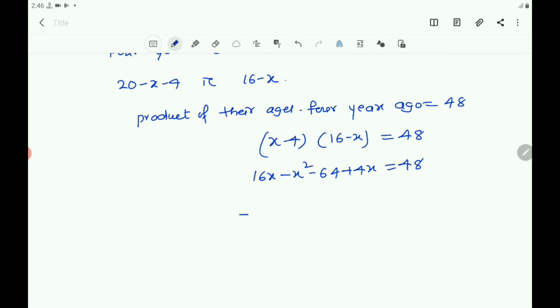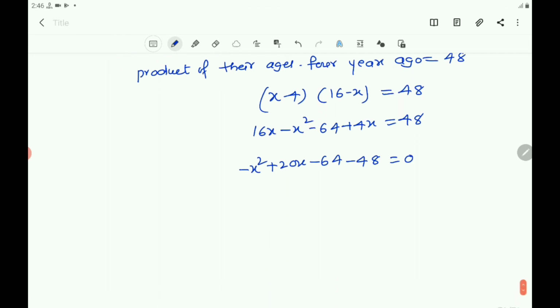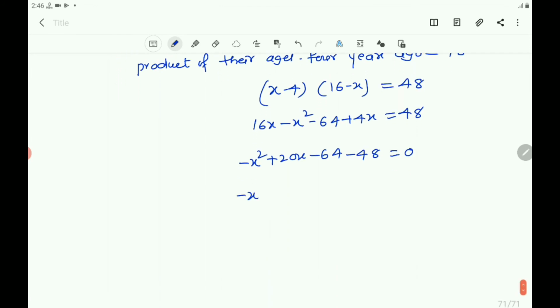Before that you write minus x square, and sum of these two is 16 plus 4, you will get 20x minus 64 plus 48. Transfer that 48 to the LHS. So you will get minus 64 minus 48 equals 0. Then it is minus x square plus 20x.